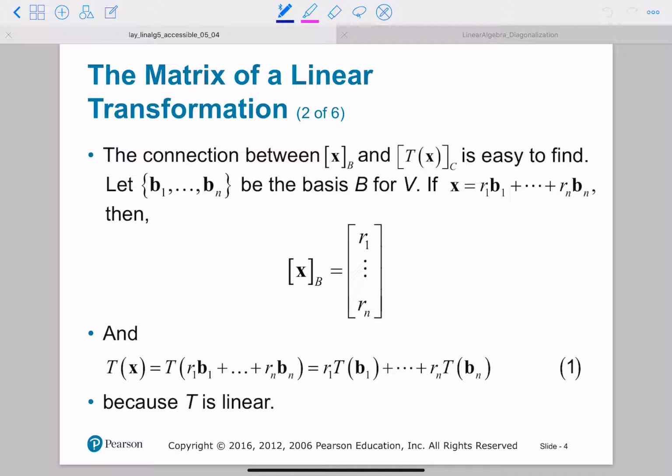All right, then let's evaluate this relationship. Suppose this xb is represented in this form, and this guy is like r1 times b1 and r2 times b2 and so on, right?